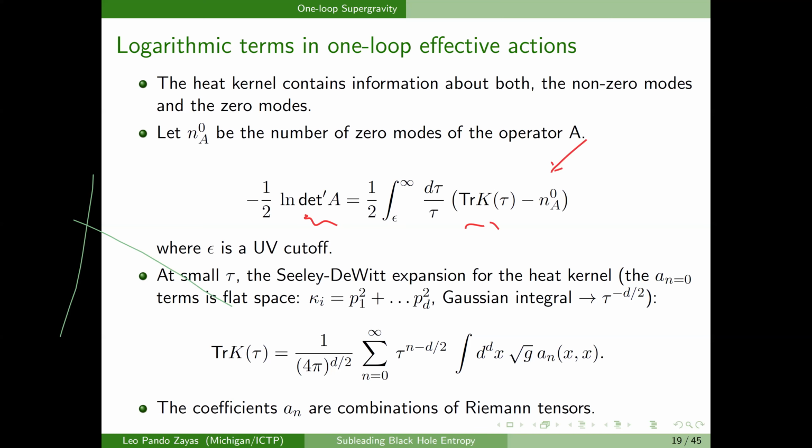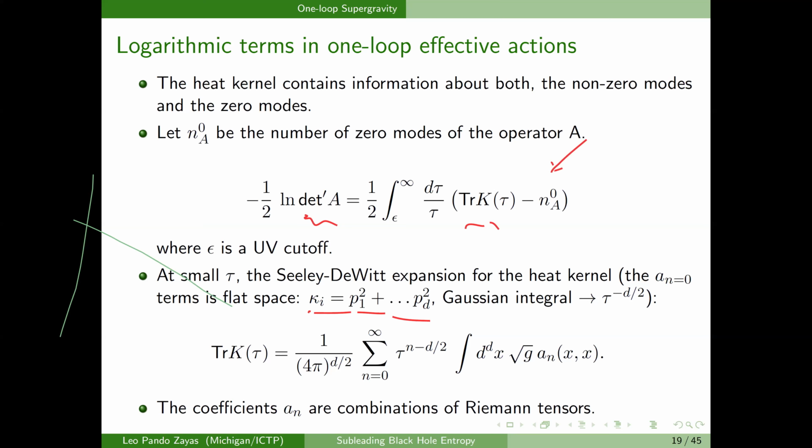All right. And then another important fact is that the heat kernel admits a Seeley-DeWitt expansion for small tau. The physics of this expansion is essentially an expansion around flat space. So you can see that the first term in this expansion, n equals 0, comes from integrating over the eigenvalues, which is like a bunch of Gaussian integrals, and gives you this tau to the -d/2.